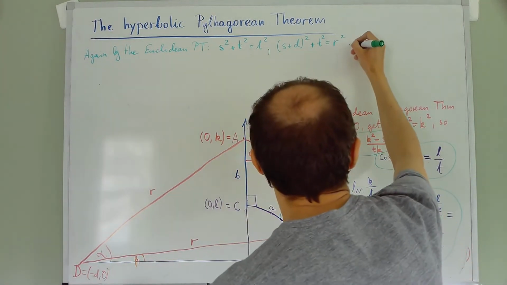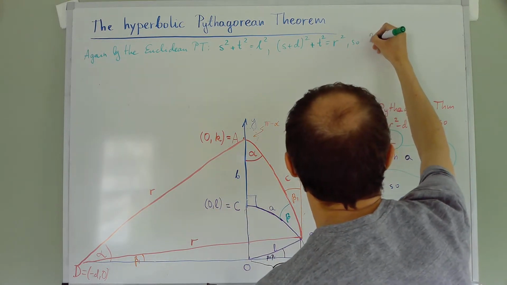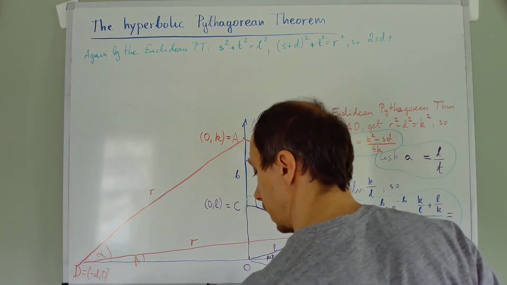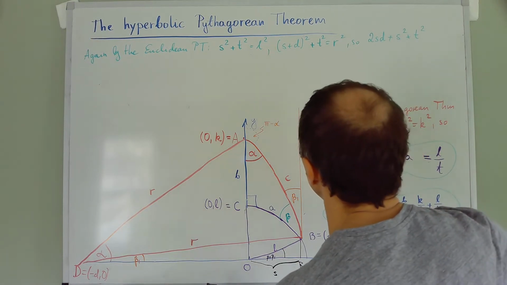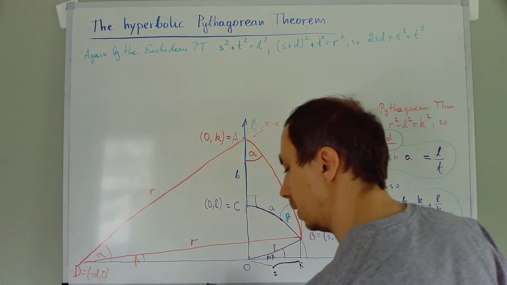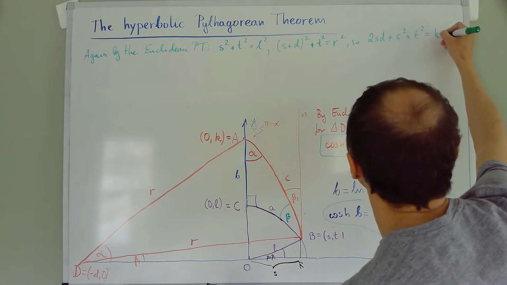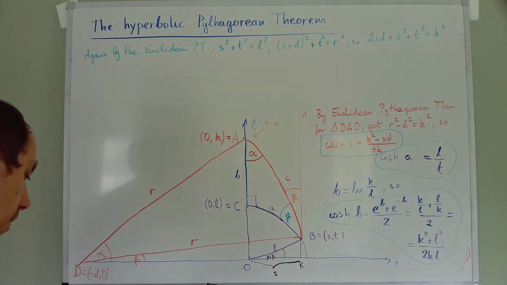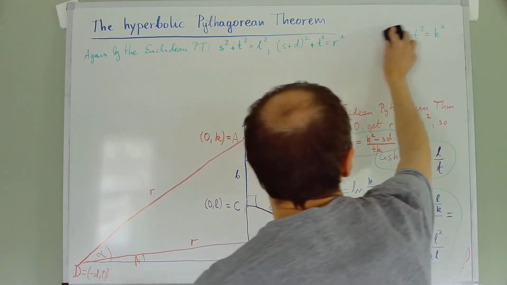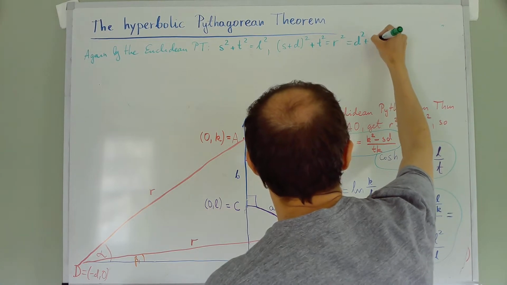So from this, we get that 2sd plus s squared plus t squared is equal to k squared. Sorry, did I do something wrong here? Yeah, one more equality. R squared is also equal to d squared plus k squared.